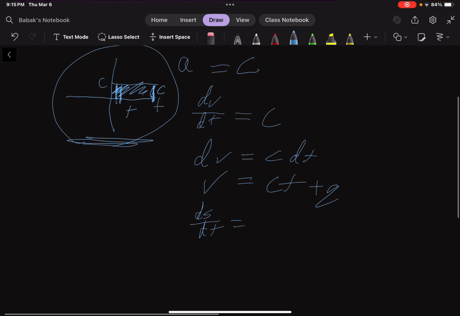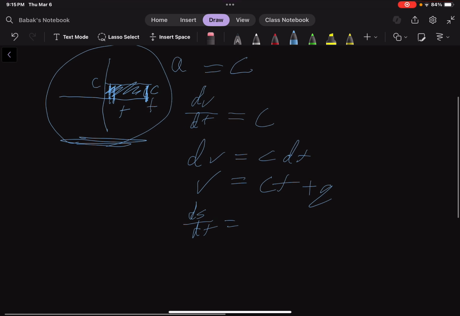Now, if we once again draw a graph for the v is equal to ct plus q equation, we arrive at a linear relationship as follows. Assuming q is some positive value. If it was not, then the intercept with the y-axis would be below the origin. However, we will do so.